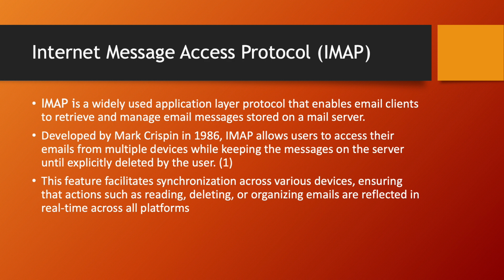IMAP allows users to access their emails from multiple devices while keeping their messages on the server until explicitly deleted by the user. This feature facilitates synchronization across various devices, ensuring that actions such as reading, deleting, or organizing emails are reflected in real time across all platforms.